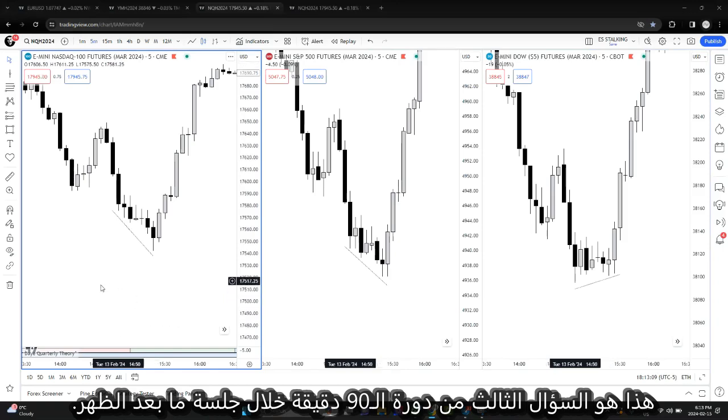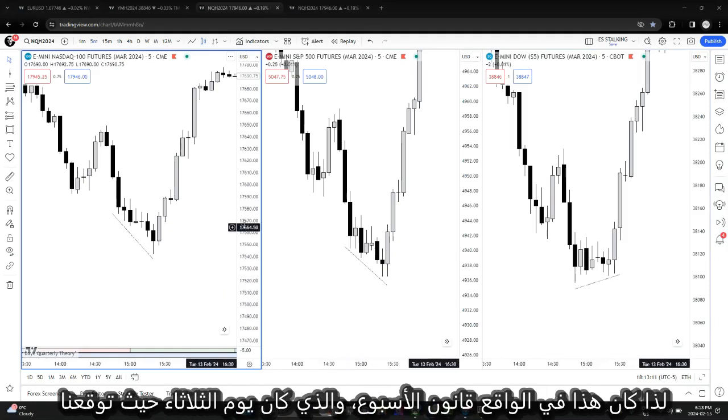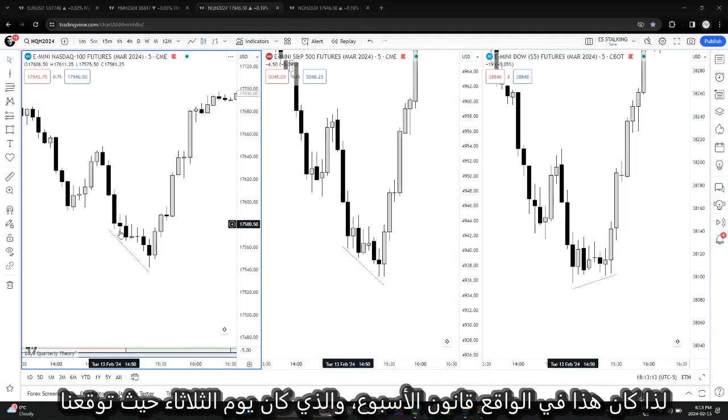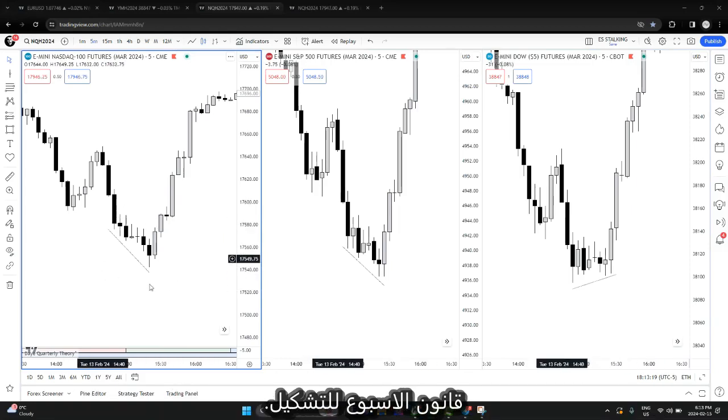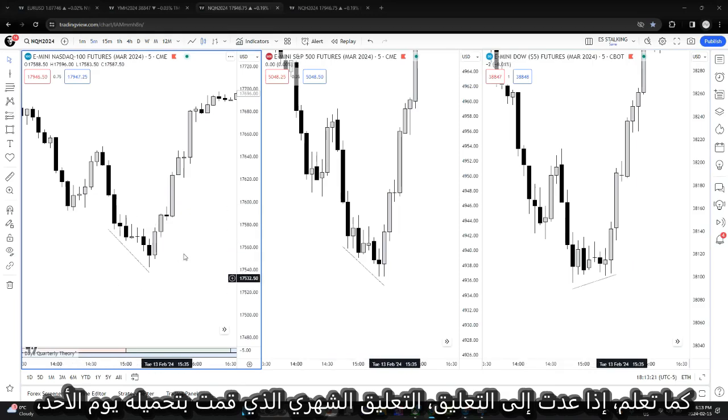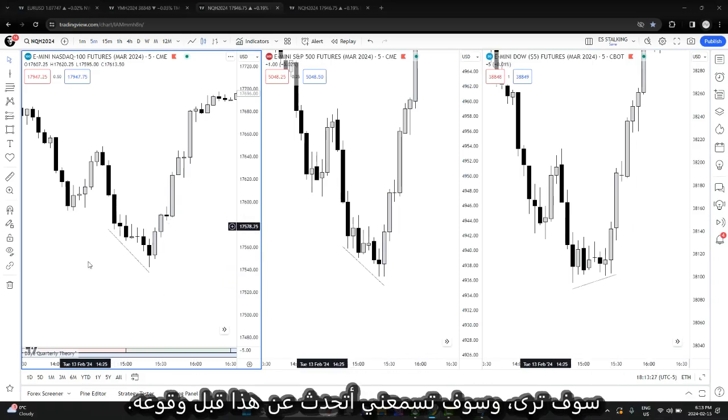during the afternoon session. So this was actually the low of the week, which was on Tuesday, where we expected the low of the week to form. If you go back through the market commentary that I uploaded on Sunday, you will hear me talk about this before the fact.